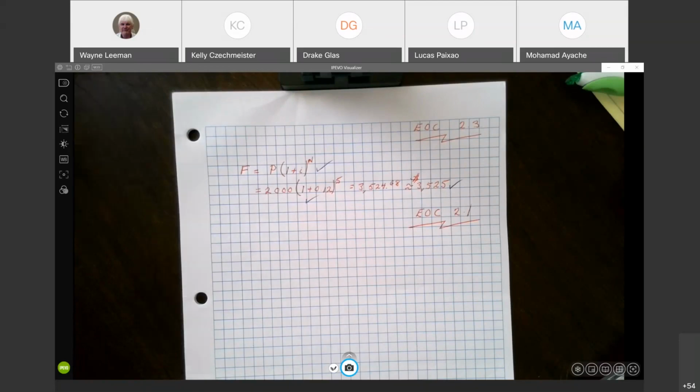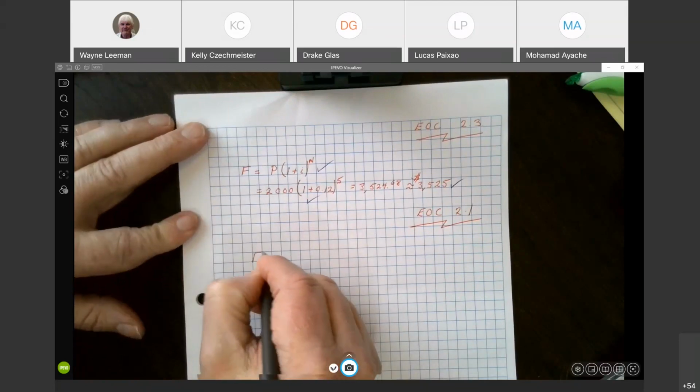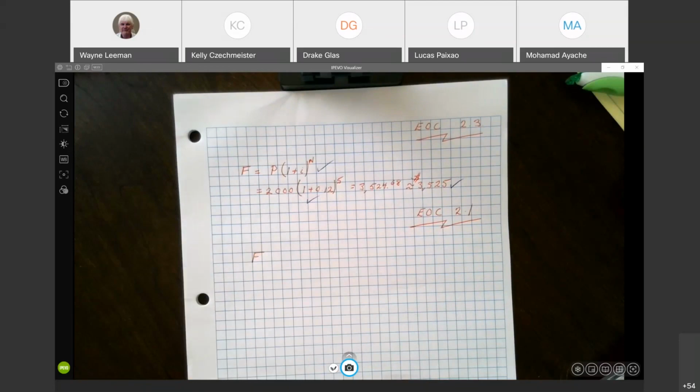Now we can start this question out here by saying that the future amount, again, we're looking into the future. I want to pick up the wording in here. What is the total amount due at the end of 6 months? At the end of 6 months is not today. Today is the present. At the end of 6 months is the future.